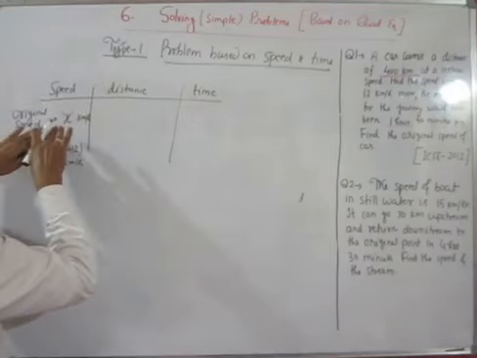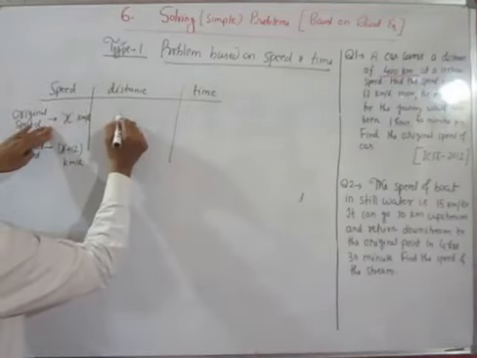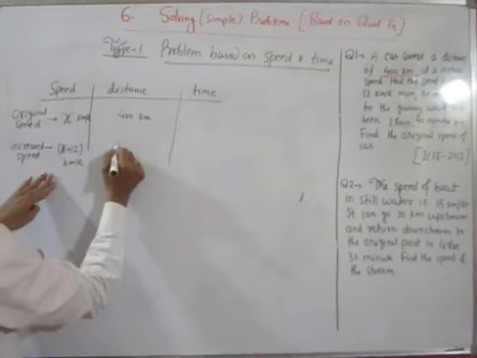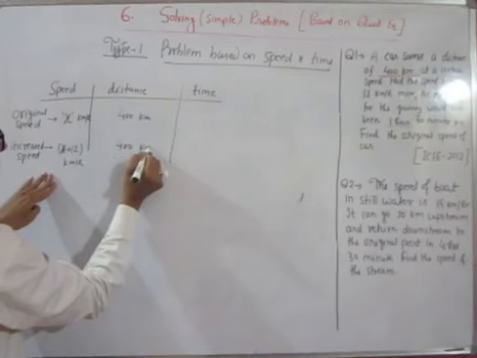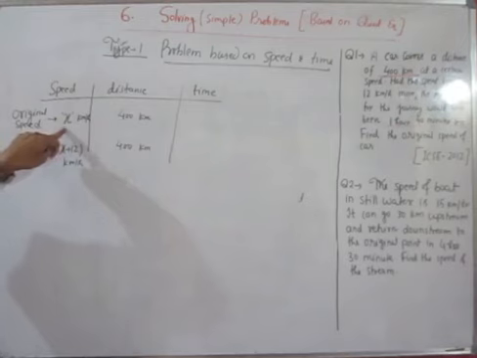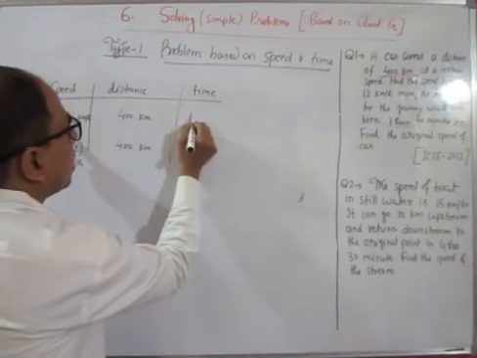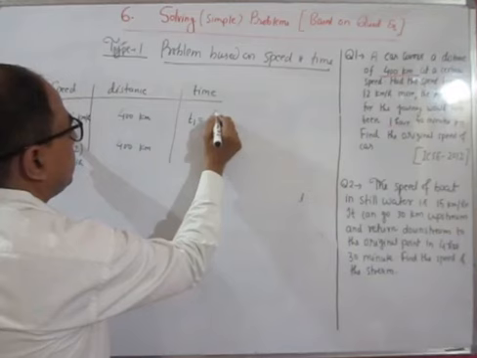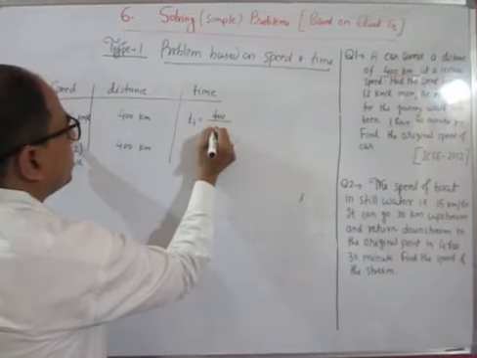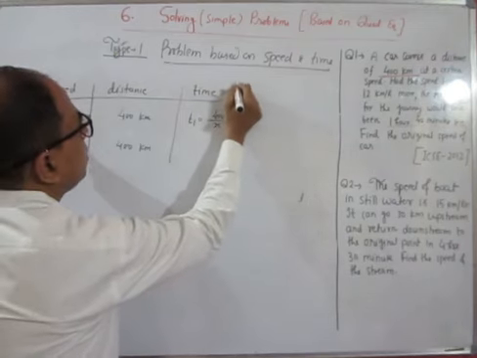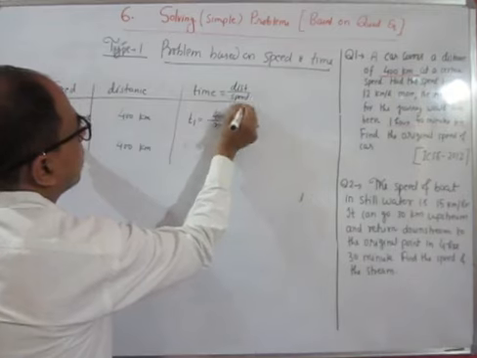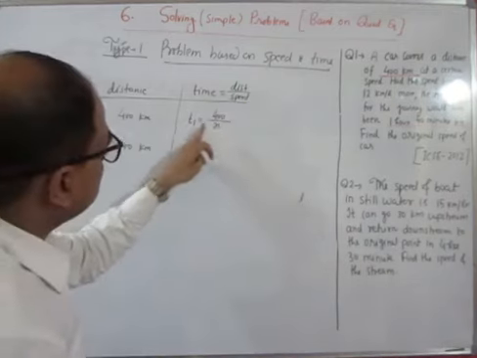Now with this speed, the distance covered is 400 km. And with the original speed also the distance covered is the same, 400 km. So when this distance is covered by the original speed x, the time taken will be distance by speed. What will be the unit of this time?